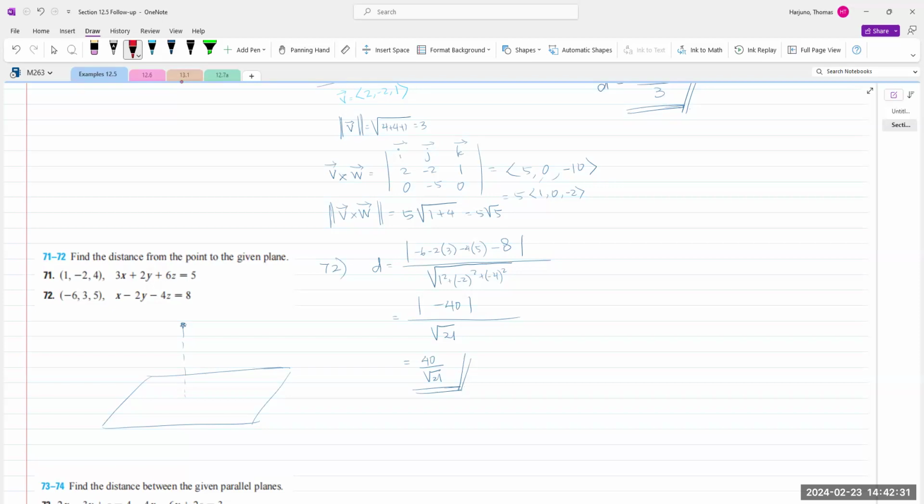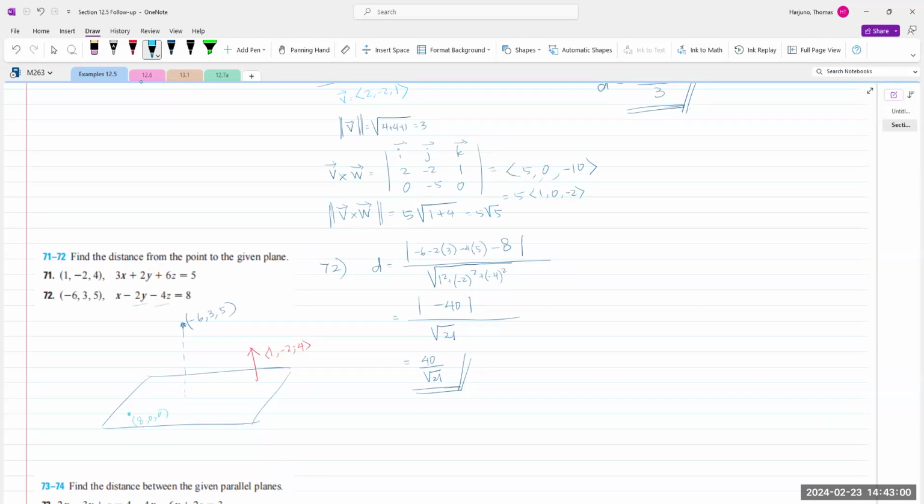Well, the vector normal to that plane is 1, -2, -4, right? This coordinate is -6, 3, 5. Now find a coordinate on that plane. I think I will use 8, 0, 0.